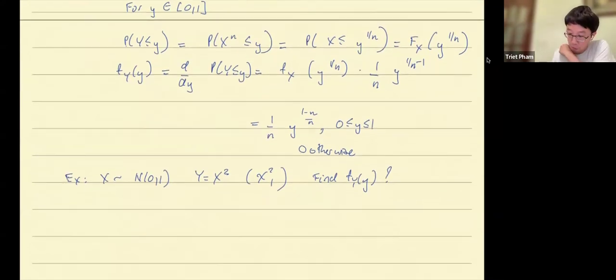So first of all, we look at the CDF, but for what kind of values of y? Values of little y.